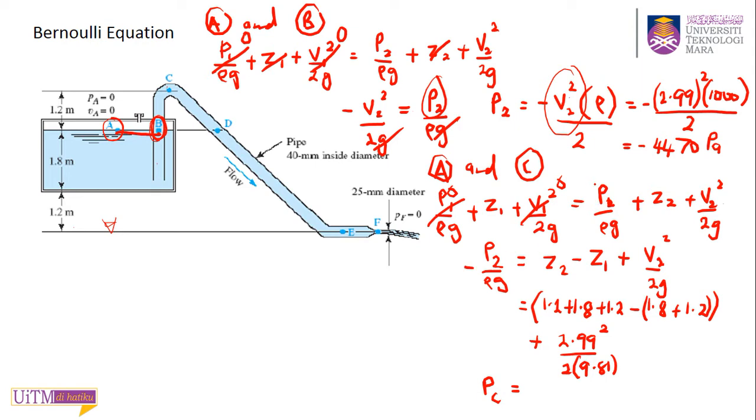I take this to the other side and Z1 to the other side. Has someone calculated it? Just a moment.